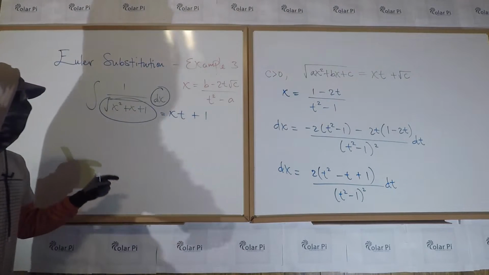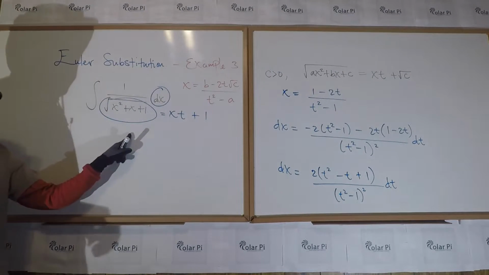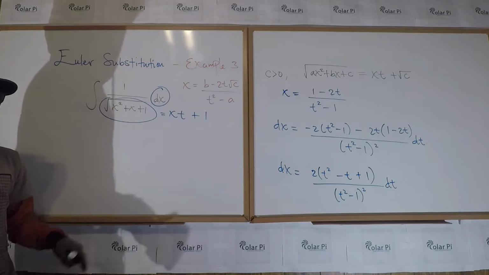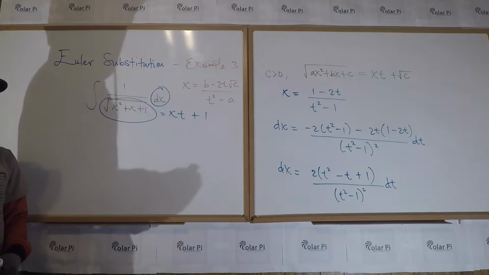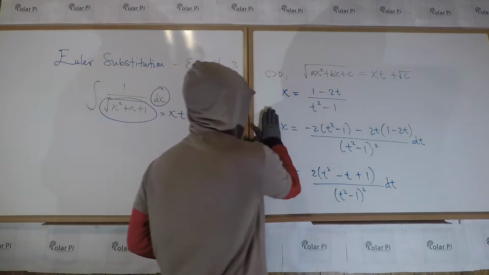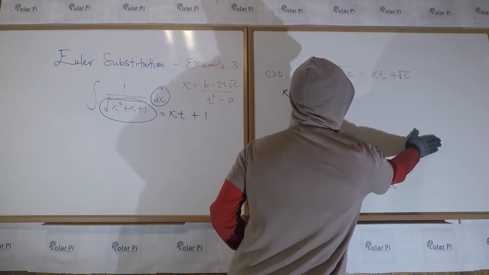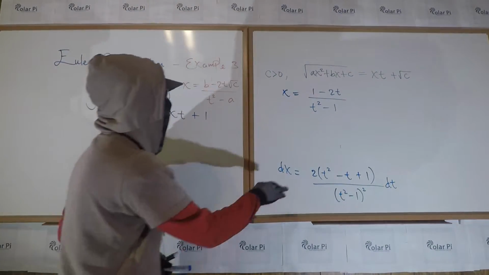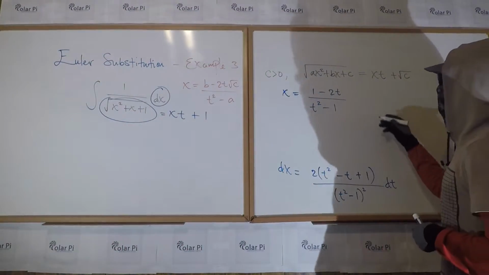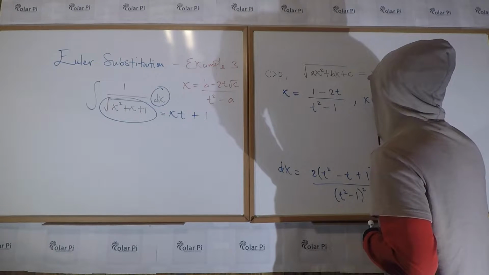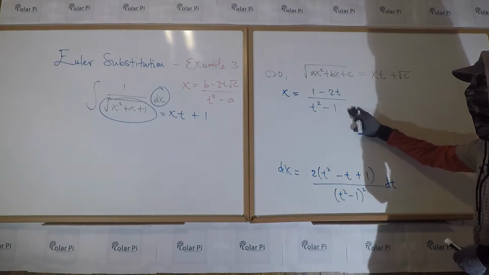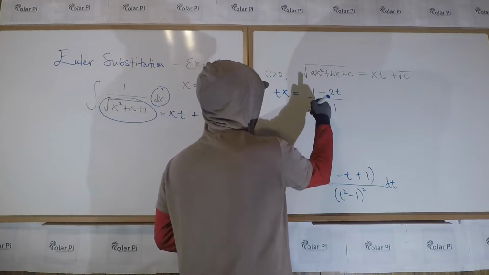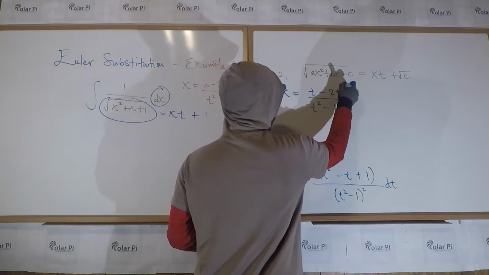That's nice. But our denominator here is not all in terms of t, because in xt plus 1, there's an x right there. So we need to figure out what to do about that. That's a fairly easy fix, because xt will be a t there and a square there.